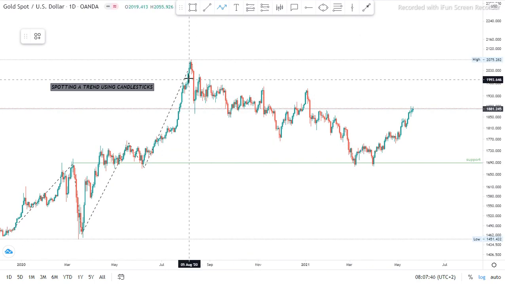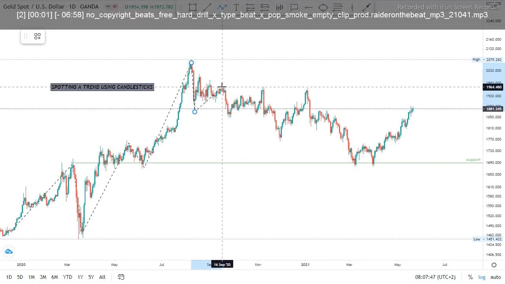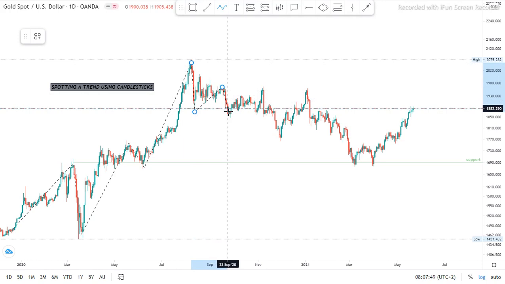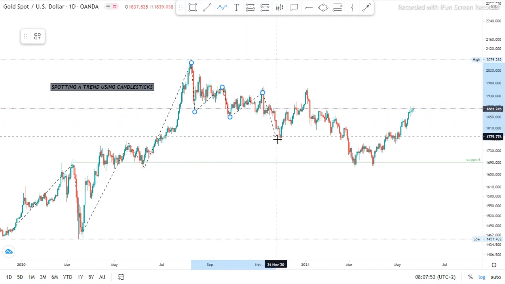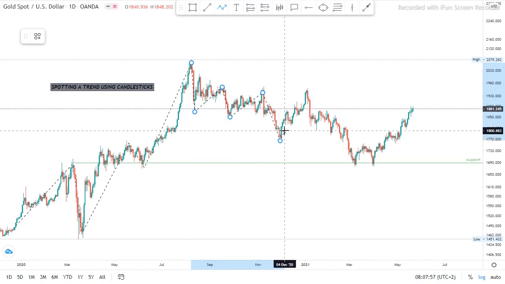movement. Here we can clearly see that we have our lower low, and then our lower high, and then we have a lower low, lower high, lower low, which broke the previous low.